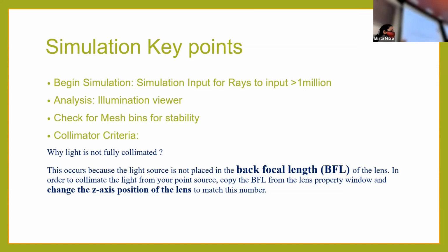If you get that, you are getting the distance of that. If you add that distance from the lens, that is your focal point. And if you place your detector there instead of the previous position, then you get the simulation of the focused image. That is our goal.